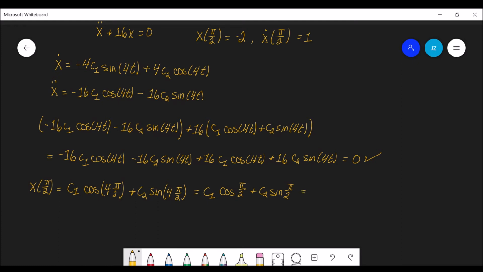Now, cosine of pi over 2 is 0. So we're left with C2 times sine of pi over 2, which is 1. And this has to equal, according to the initial condition, negative 2. So C2 is negative 2.